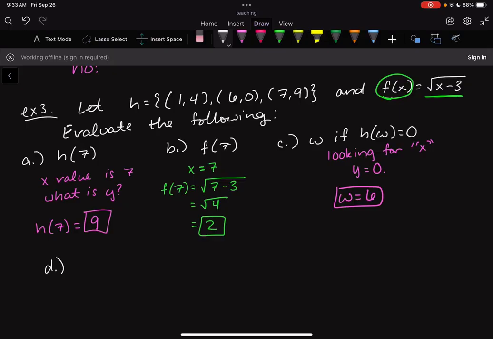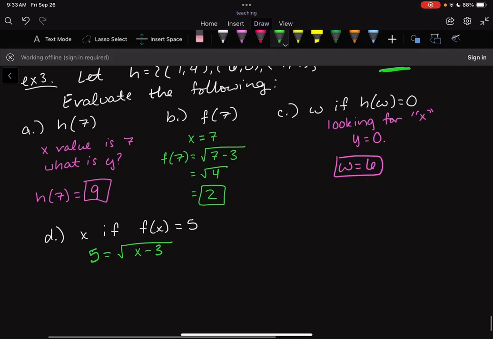And then for part D, let's do one more. We'll say x if f of x is equal to 5. And again, I didn't have to write x for this. As long as you see that f function, you're dealing with the f function here. So this one is saying 5 equals square root of x minus 3.